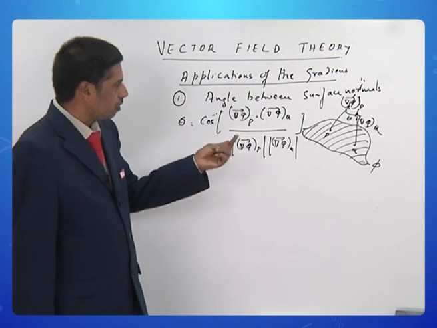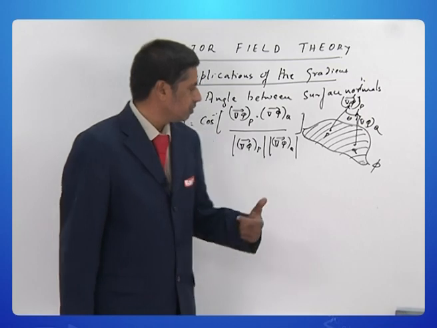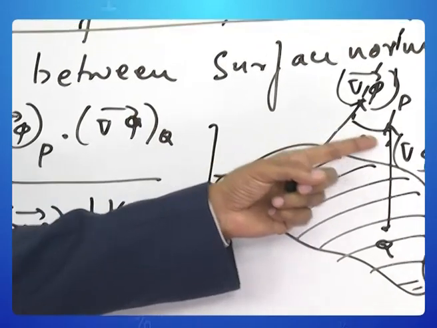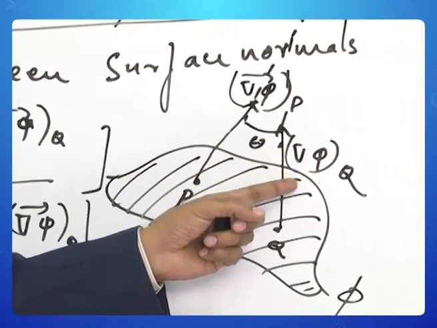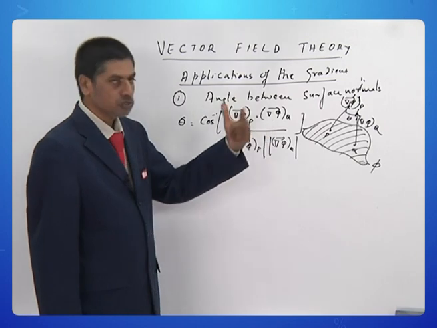Now, we have already discussed what are meant by orthogonal vectors. Similarly, here if theta becomes 90 degrees, then these two normals become orthogonal to each other, and the condition for that will be the numerator is equal to 0.